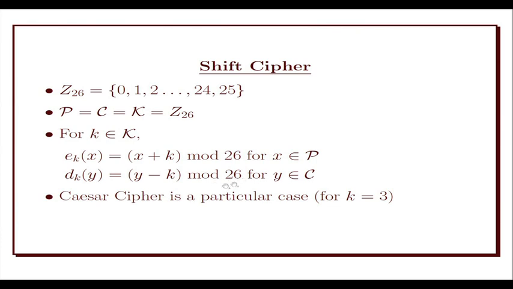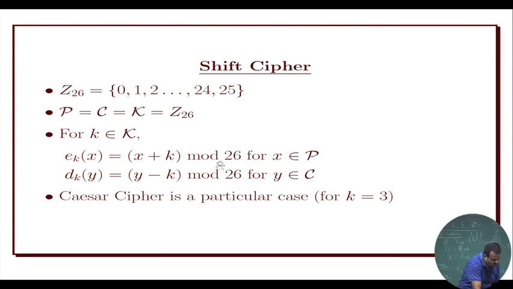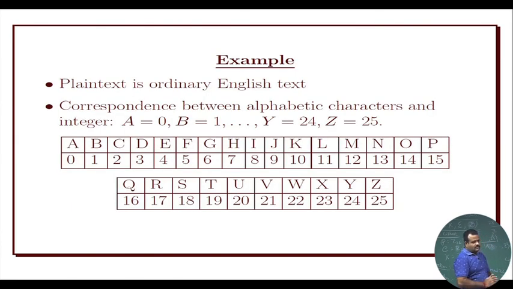So, this is the shift cipher. We just take the 26 and add in mod 26, and the Caesar cipher is the particular case of the shift cipher where k is 3. Okay, so, this is the example. Suppose we want to use English text as our plaintext, and now we have this correspondence between the alphabet characters A to Z and Z26.